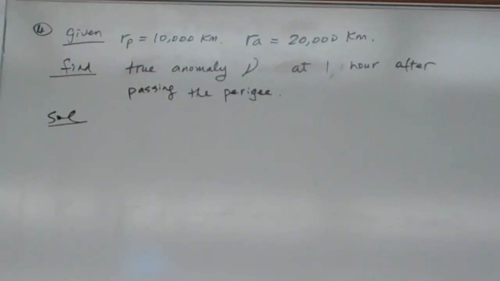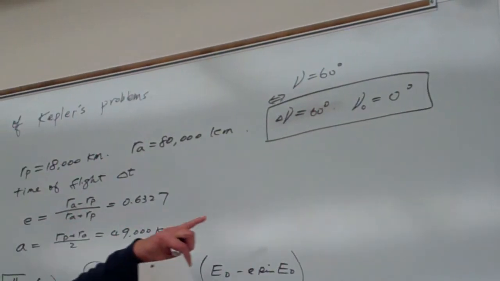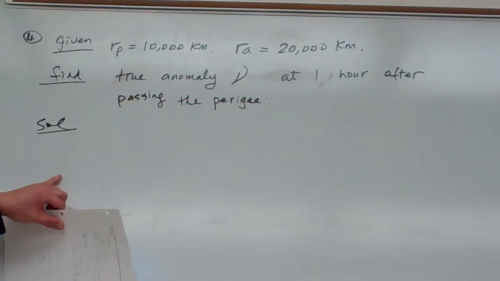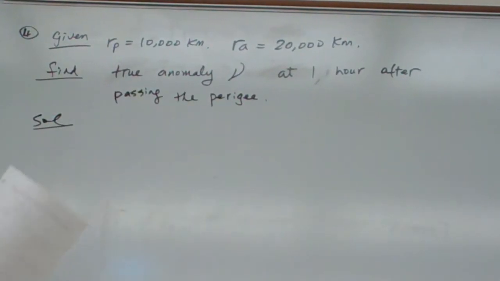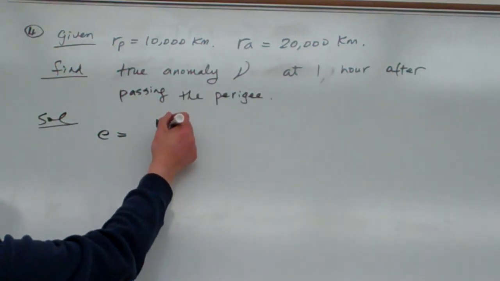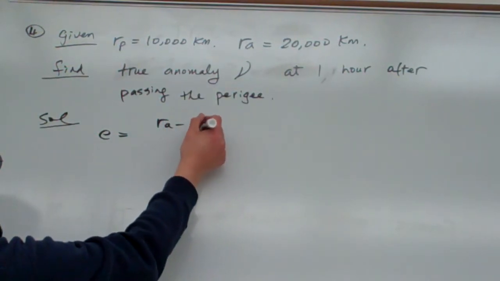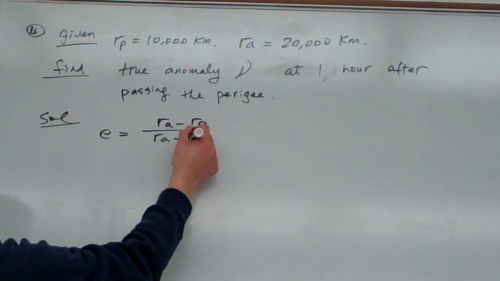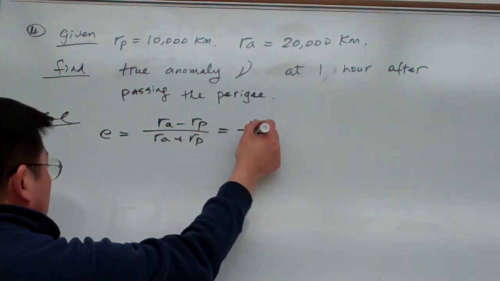This is the easy part of the Kepler's problem. This will be the hard one. And this one we're going to use numerical approach. For this one, the same thing. First we calculate the orbital elements.